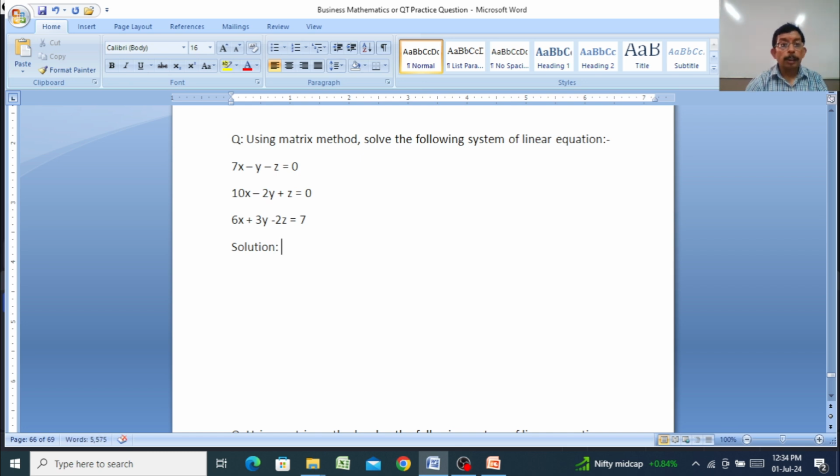For these three equations, first we note down the equations. First equation, then the second equation, it is clear. Now take the third equation.